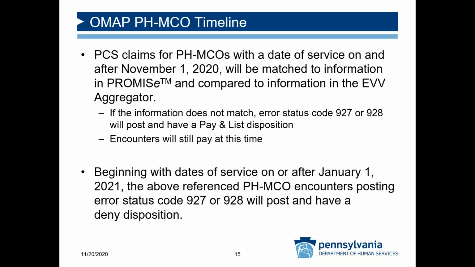Encounters will still pay at this time. Beginning with dates of service on or after January 1st, 2021, the above referenced physical health MCO encounters posting error status code 927 or 928 will post and have a deny disposition.